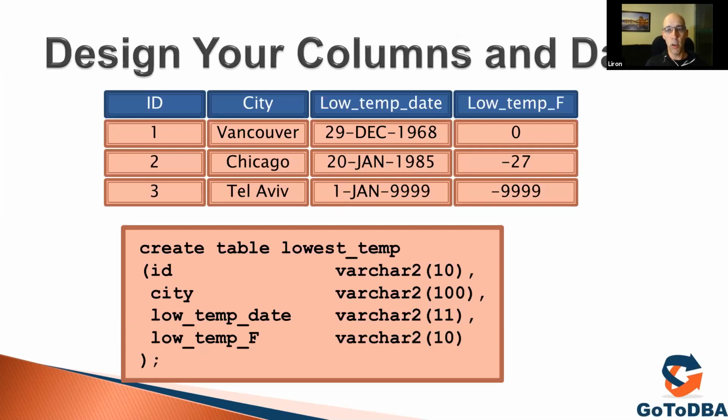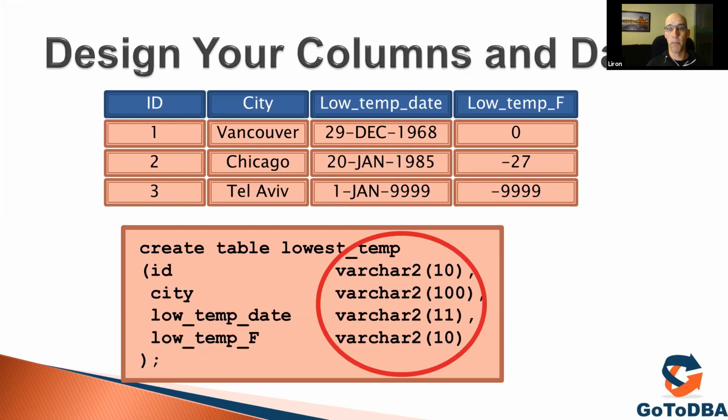If we look at that, we have two things that are maybe a little strange here. The first thing is this. You see the ID, the city, the low temperature date, and the low temperature itself. Everything is varchar2. So everything is in the database as text.